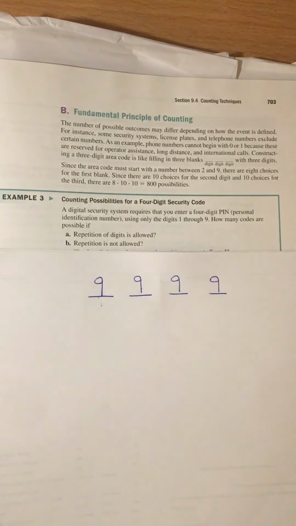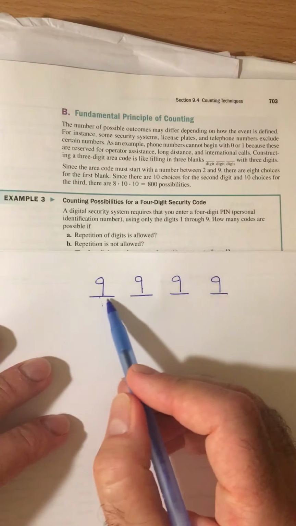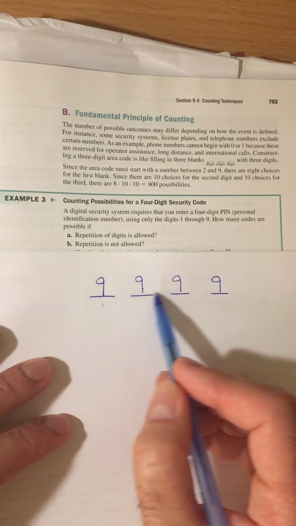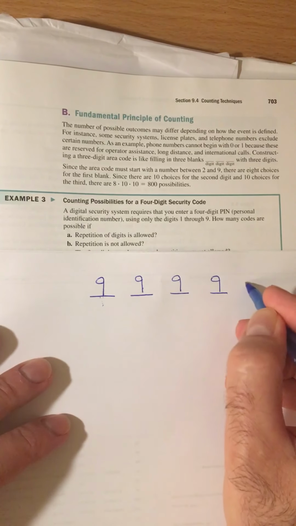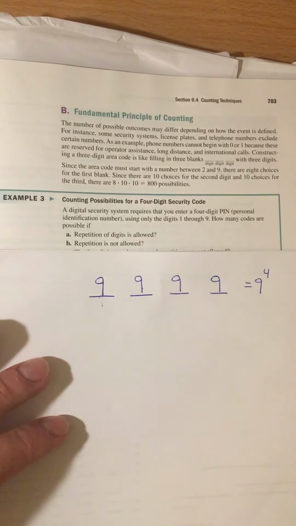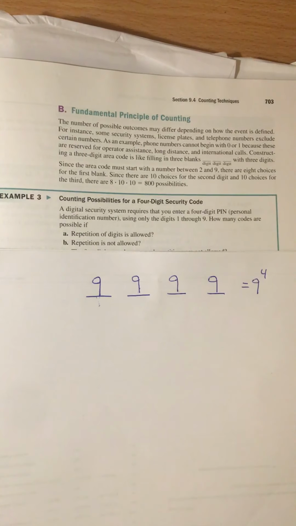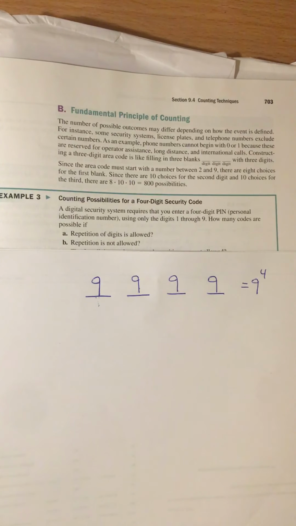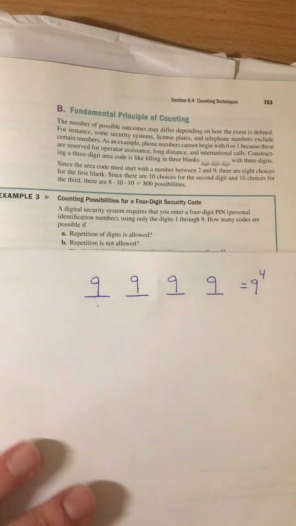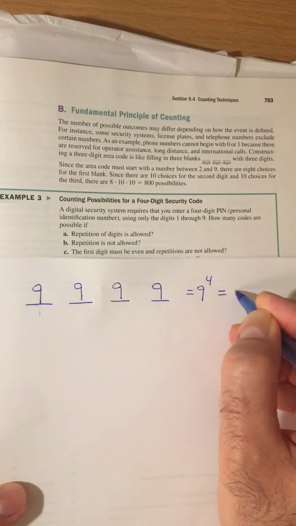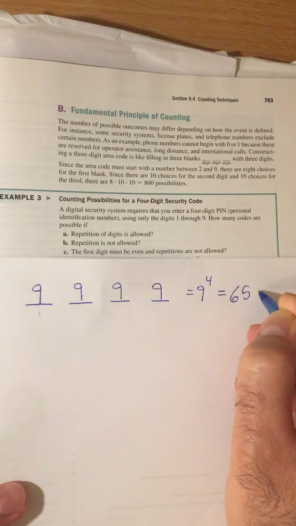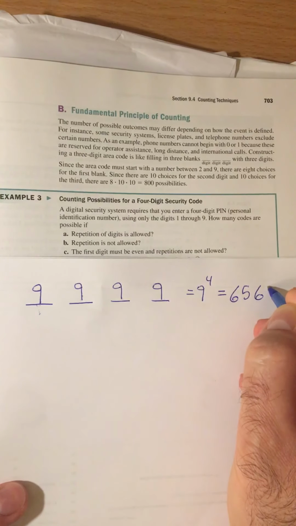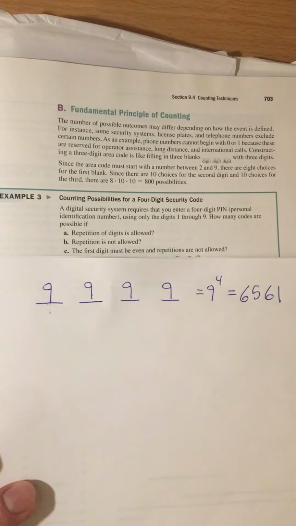So if repetition is allowed, then the number of PIN numbers that I can form is 9 times 9 times 9 times 9, or basically 9 to the power of 4, which is 6,561. So if repetition of digits is allowed and you have a 4-digit PIN number, you can have 6,561 different PIN numbers.